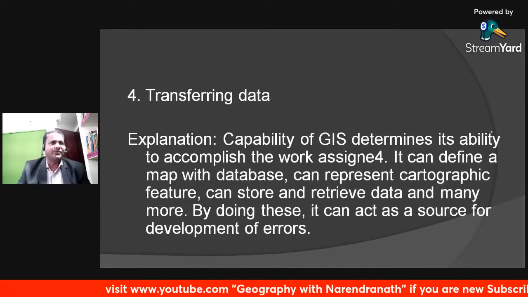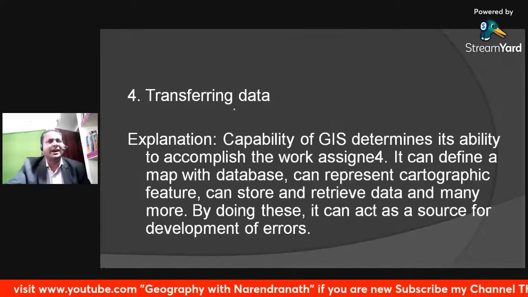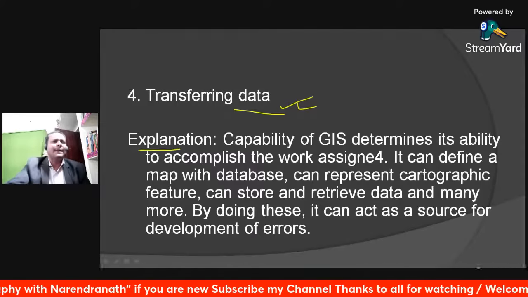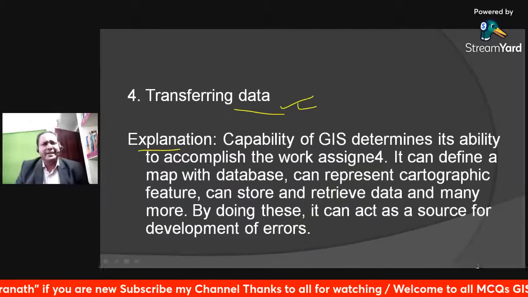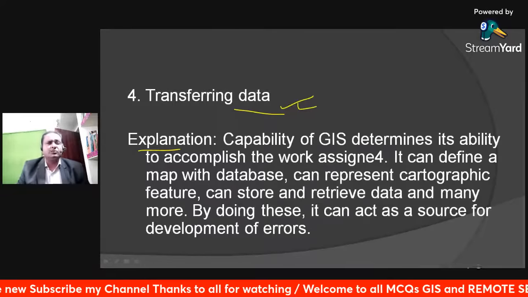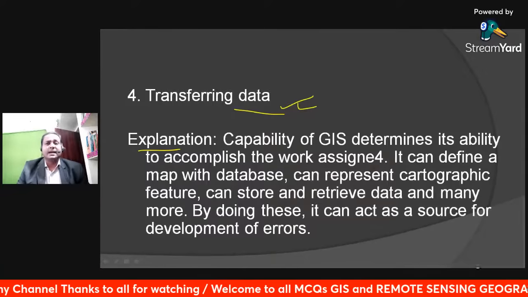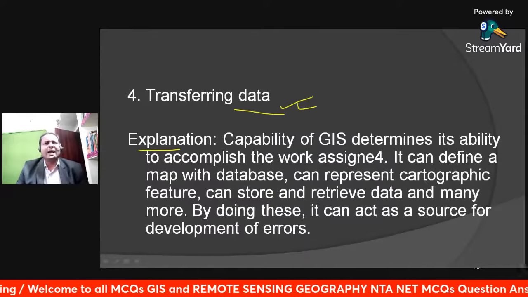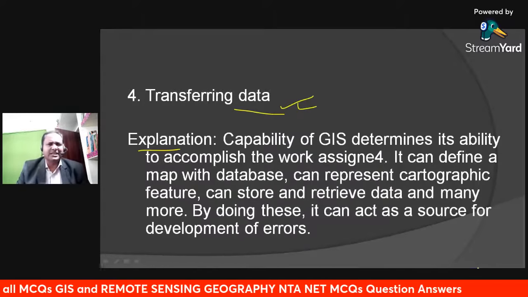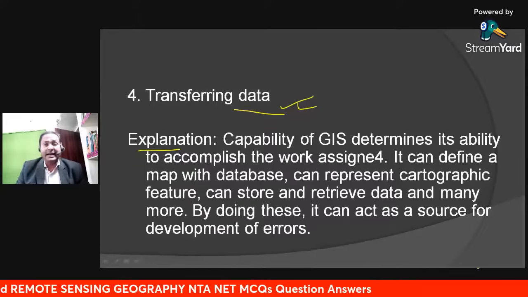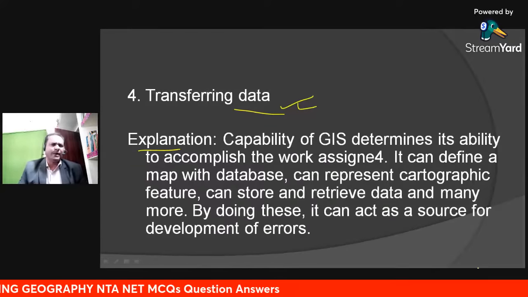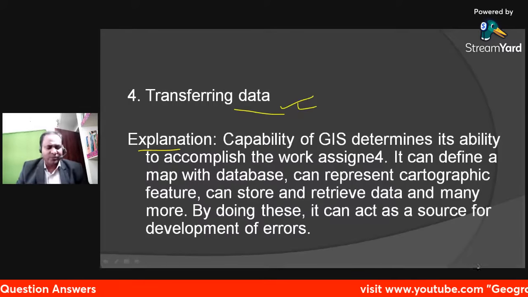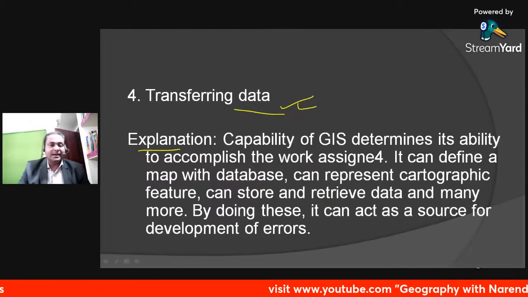So definitely option 4, transferring data, is the correct answer. The capability of GIS determines its ability to accomplish the work assigned. It can define a map with a database, represent the cartographic features, store and retrieve data, and many more. By doing this, it can act as a source for development. So it is a very important question.